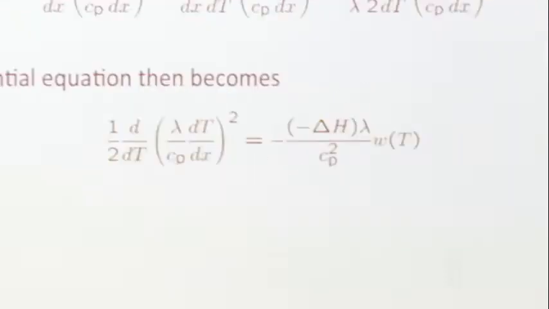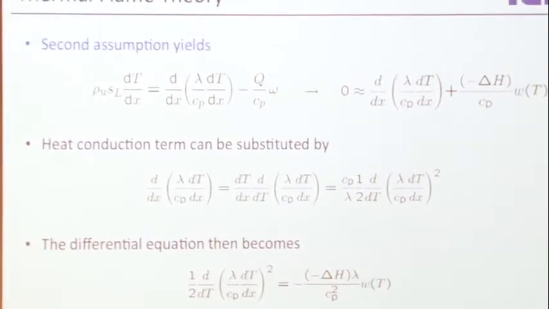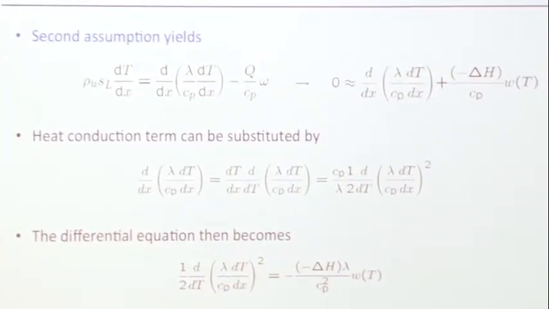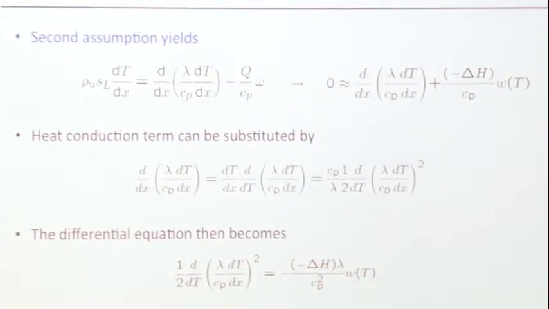Okay. So now, second assumption, now we want to look at the reaction zone. In the reaction zone, we say the convection term is 0. So diffusion is equal to the chemical source term. Because the temperature is a unique function of x, we can replace the d by dx by dT by dx, d by dT. Okay? And then you see you can move the dT/dx inside.